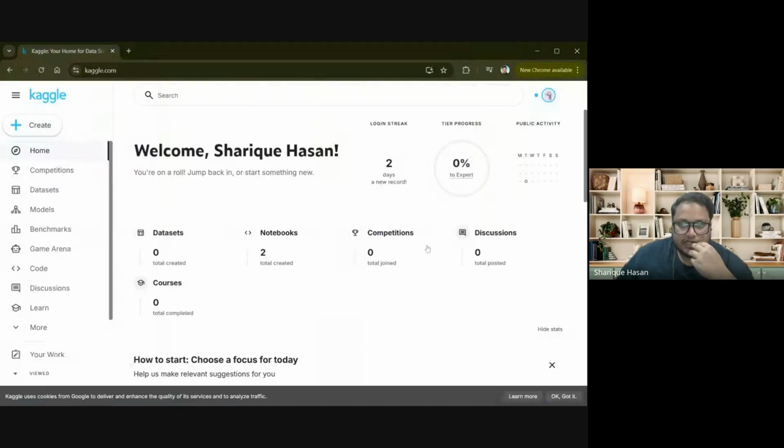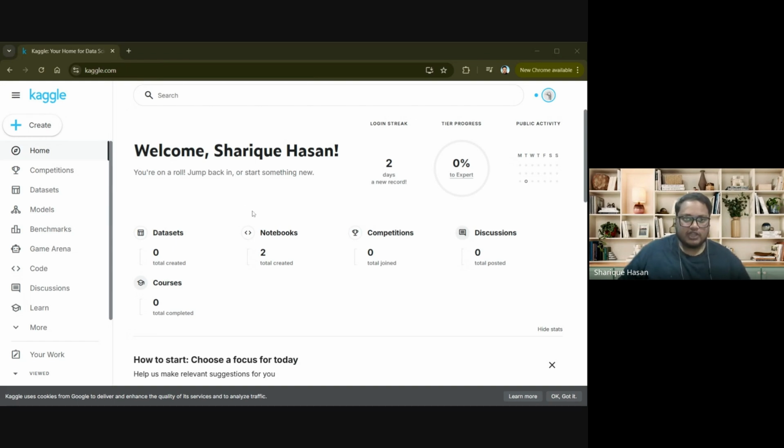Just a second. See, this is the website called Kaggle. Are you all able to see my screen? Can you give a thumbs up? Okay, thank you, thank you.